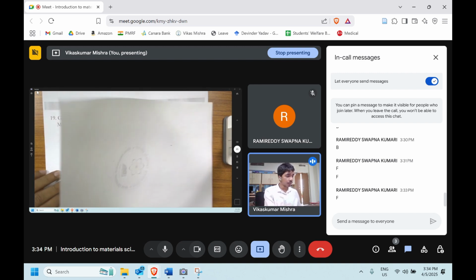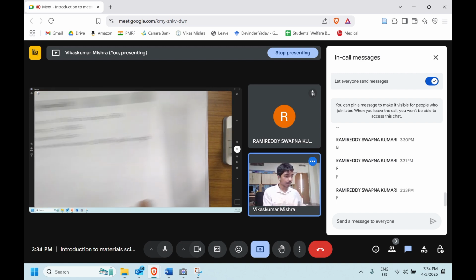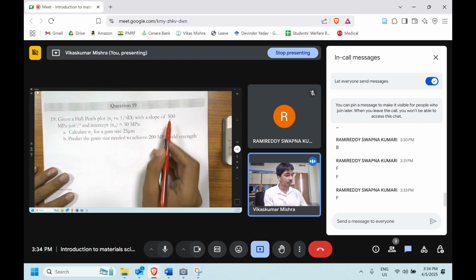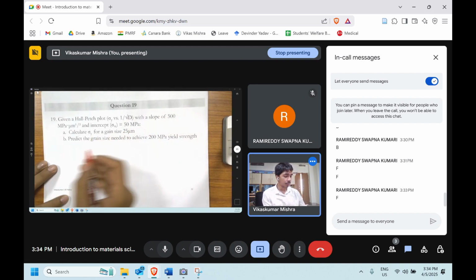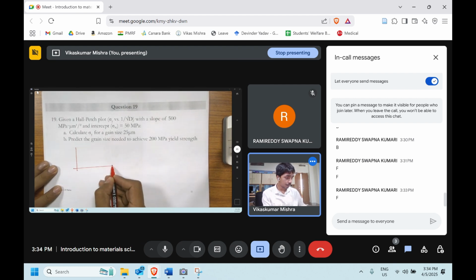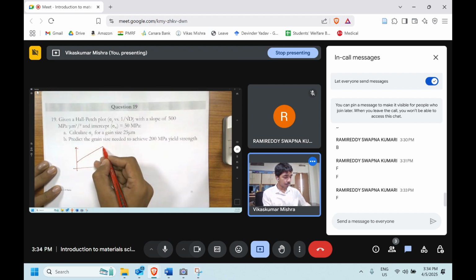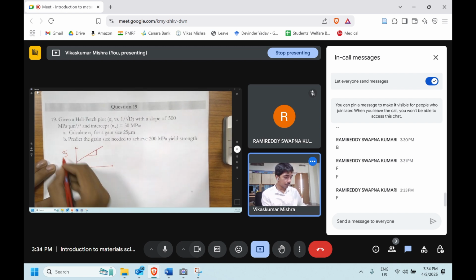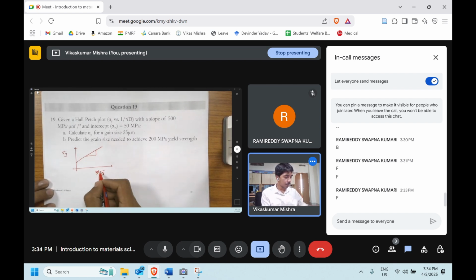We are left with a few questions only. Let's try to solve them. Question number 19. Given a Hall-Petch plot, the plot is not given, with a slope of 500 and the intercept given.